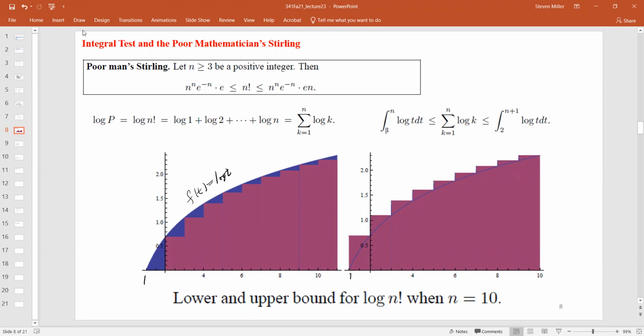So this one is going to be the log of 1. This would be the log of 2. This would be the log of 3. This would be the log of 4. And what we're doing is we start at the left and we take that value for the whole thing. Well, the function is going to be above that. So the area under the function is going to be greater than the sum of these rectangles.